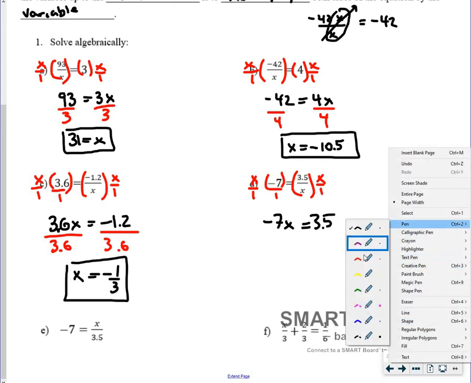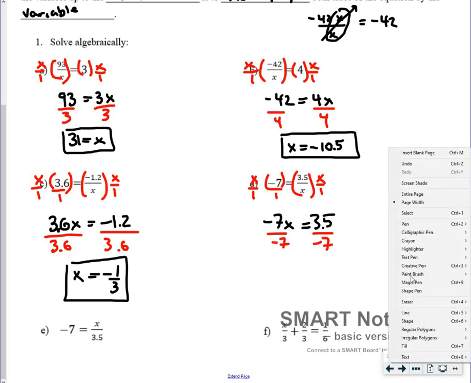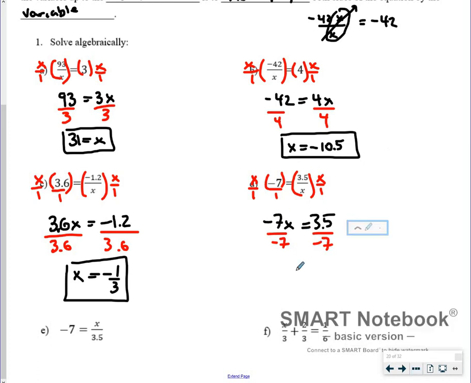I need to get rid of the negative 7, so I want to get the variable on its own. So we divide both sides by negative 7. On the left, only an x remains, so we have x equals something. 3.5 times 2 is 7. So this is 1 part, that's 2 parts. So that would be negative 1/2.